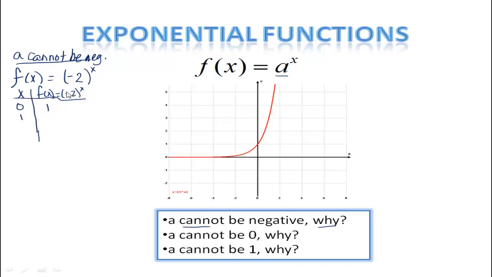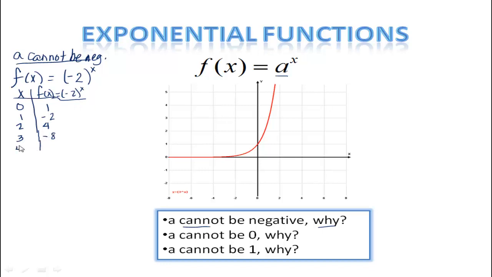When x is 1, that's negative 2 to the first power. That's negative 2. When x is 2, I get negative 2 to the second power, which is positive 4. When x is 3, I get negative 2 to the third power, which is negative 2 times negative 2 times negative 2, negative 8.